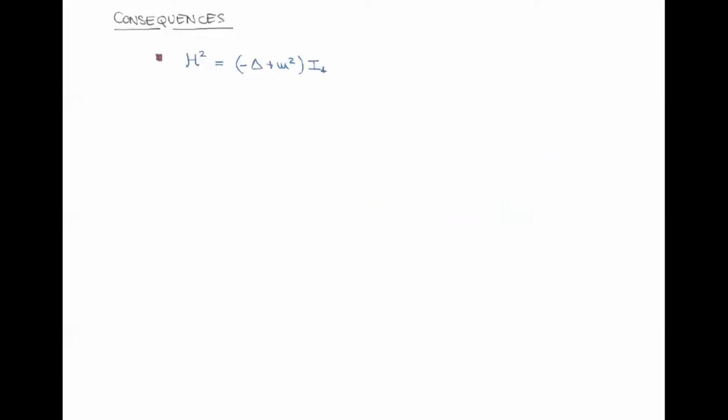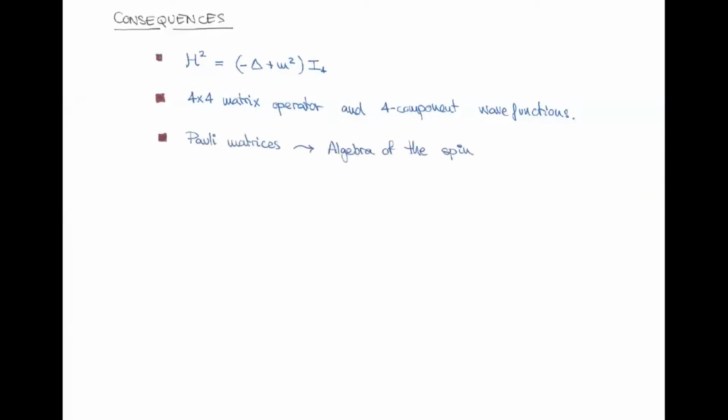So these are the main properties. First, as I told you, this is like a square root of the operator minus Laplacian plus m squared. It's a 4 times 4 matrix operator and acts on 4-component wave functions.